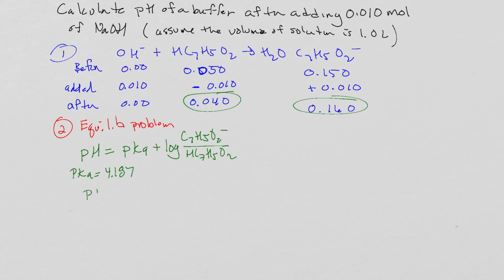So the pH equals 4.187 plus the log of our conjugate base, which is 0.16 now, over the acid, which is 0.04 now after the addition. So if we go ahead and solve this problem, you get a pH of 4.79.